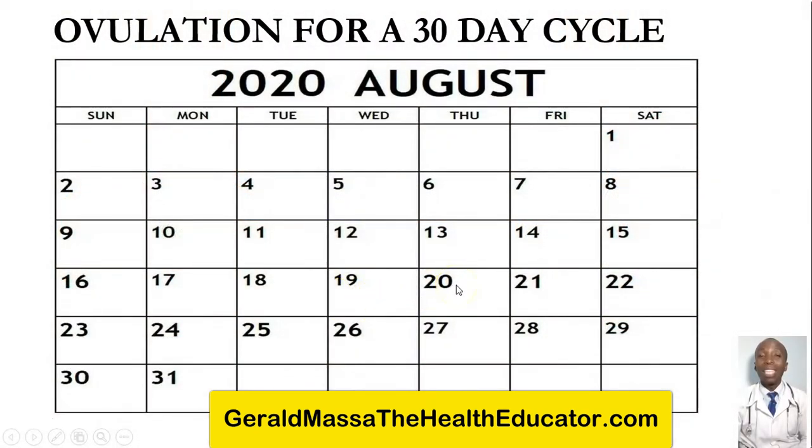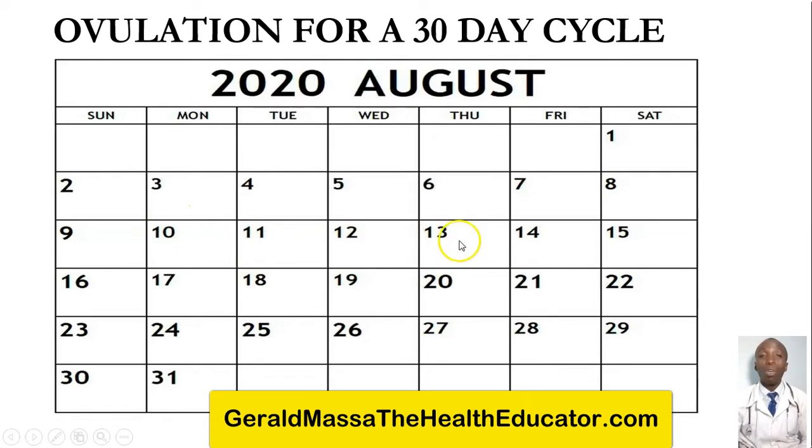And as we are summarizing in today's video, we've talked about the calculation of the date of ovulation for a Saturday cycle. We have said that if you started your periods on this date, you calculate your ovulation date by simply beginning from the first day you saw your periods and then counting 14 days.